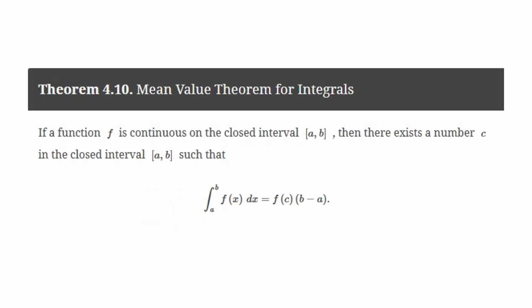And that's what the mean value theorem states. It says that if a function f is continuous on the closed interval [a, b], then there should be a c in [a, b] such that this equality is correct. This equality will be correct because the definite integral is just the area under the curve f of x, and this here is also an area.